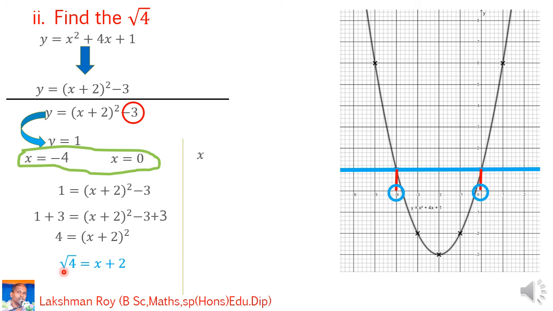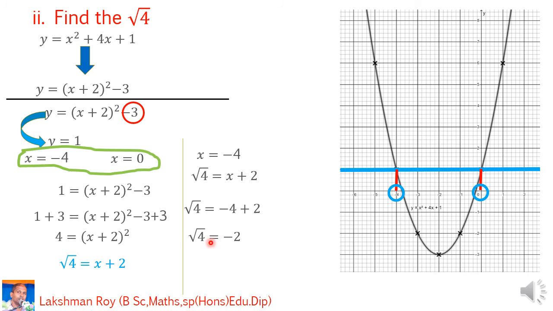Let's see. I take x as negative 4, right? Then put here: square root of 4 is equal to x plus 2, put negative 4 as x. Now you get negative 4 plus 2. Different signs, so subtract and put the sign of the greater number. 4 minus 2 is 2, the greater number 4 is negative.